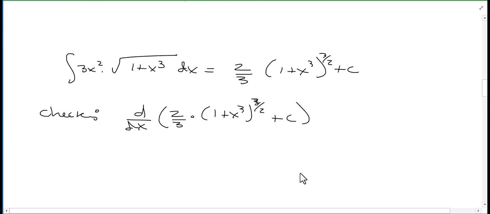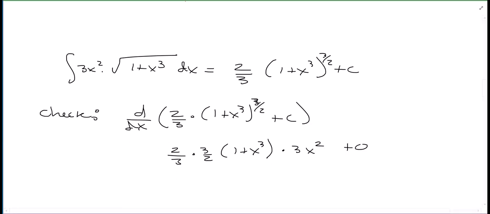So when I take the derivative here, what do I get? So I have a composition of functions. I have to do the chain rule. So I'm going to have 2/3 times, bring that power down, so 3/2 times 1 plus x to the third, then by the chain rule times the derivative of the inside, which is 3x squared, and the derivative of a constant is 0. And so notice here that my 2/3 essentially cancel out, and what are we left with?